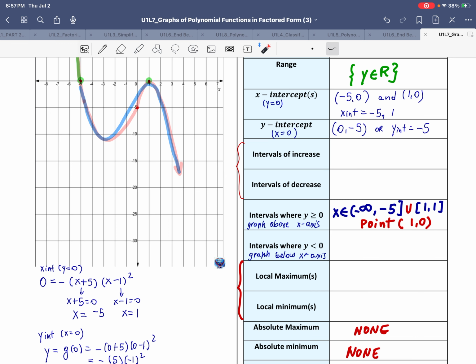Now, the graph will be negative anywhere from -5 to 1. As you can see, the y values are all negative, and the x values responsible for these negative y values are between -5 and 1. So we're going to say that the x values are between -5 and 1. And again, we're going to have this interval be joined by the next one, that's from 1 to infinity.